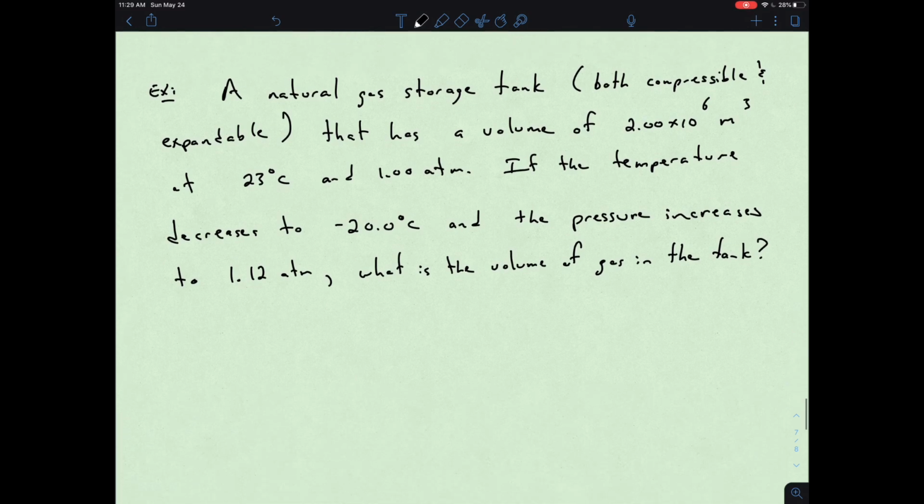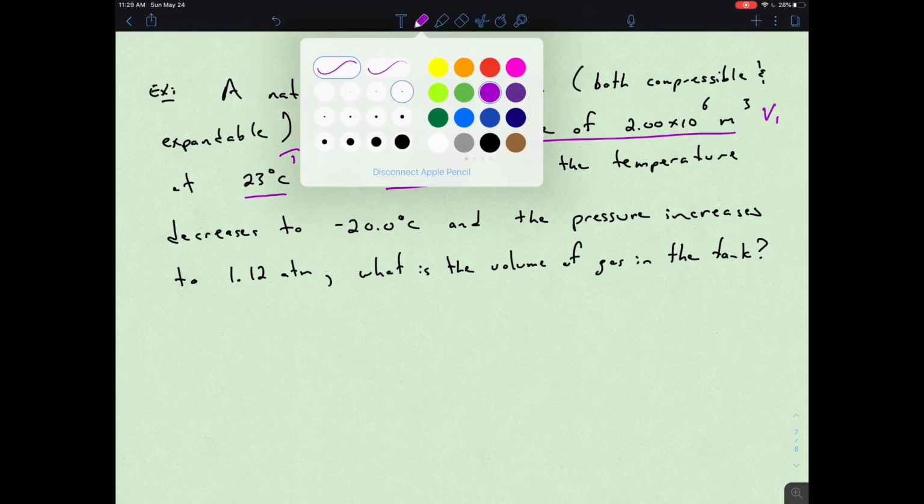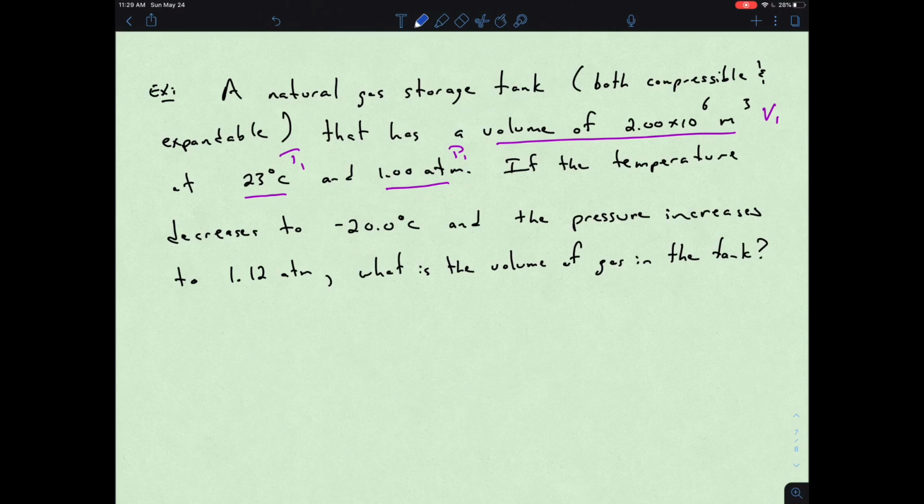So if we read the beginning, we have a volume that's given to us, a temperature that's given to us, and a pressure that's given to us. So we could say we have V1, T1, and P1 for those 3 values. And then going forward, we have the new temperature.